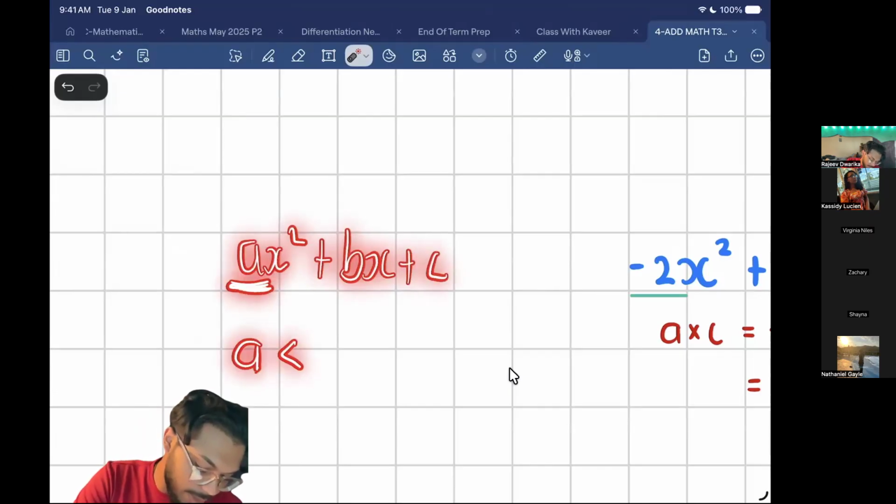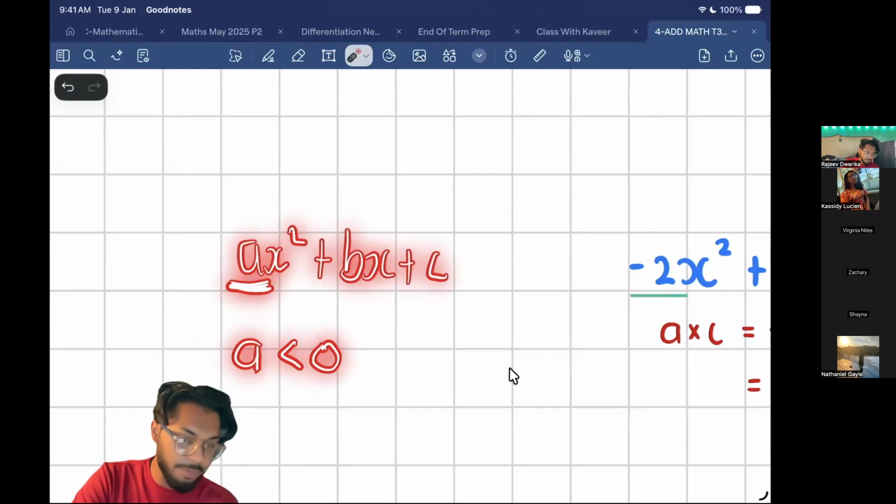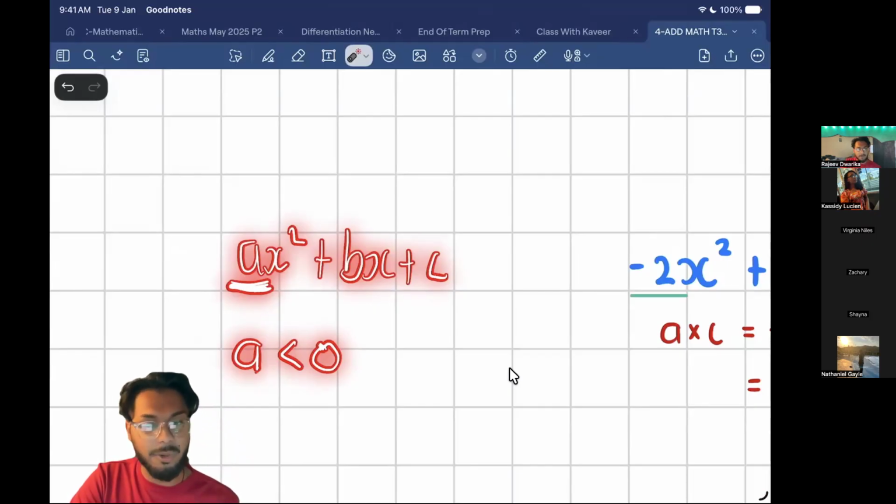Okay, if a is less than 0, is it a maximum graph or a minimum graph? All right, and Kamaya and Nathaniel, I don't want to ever hear you saying you don't remember this, right? Zachary, so it would be a maximum. Exactly, let me explain why. If a is less than 0, you're negative or you're positive?